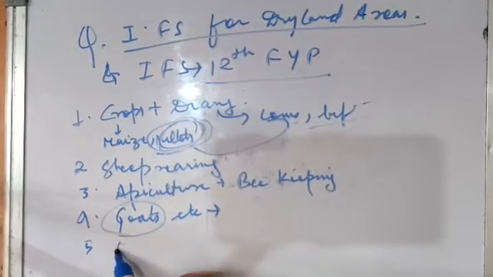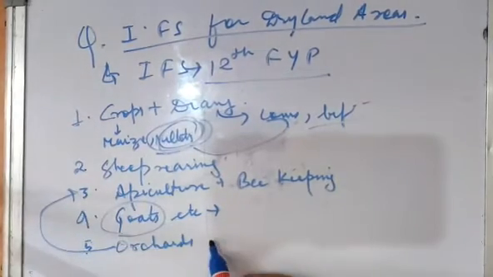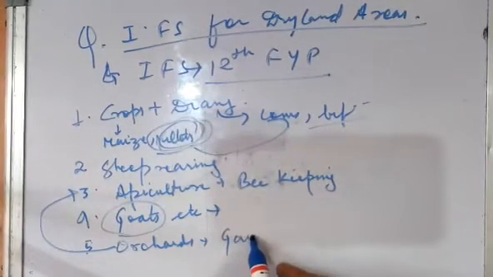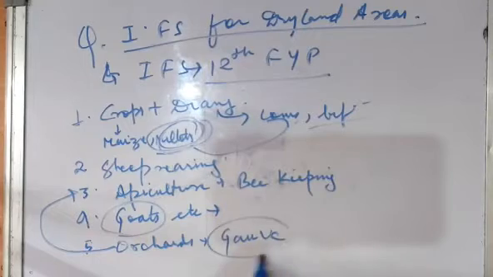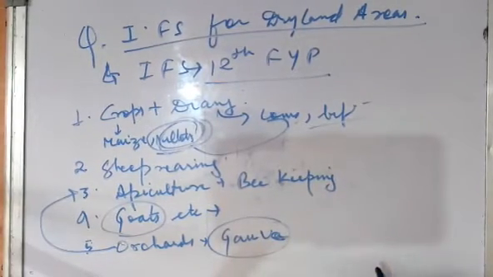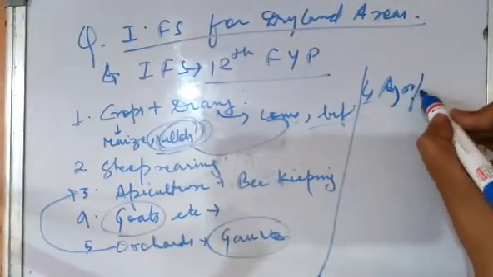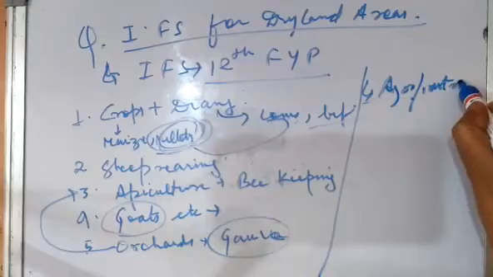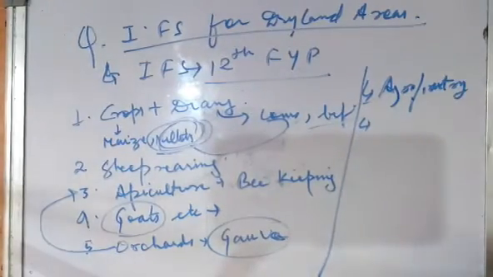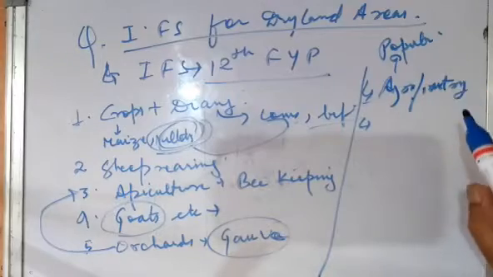We can use orchards. Orchards will also supplement apiculture. Guava is very important. Guava grows in dryland areas very nicely. We can enhance agroforestry techniques. Tree species which are suitable for dryland, fast-growing and popular, can be grown in these regions.